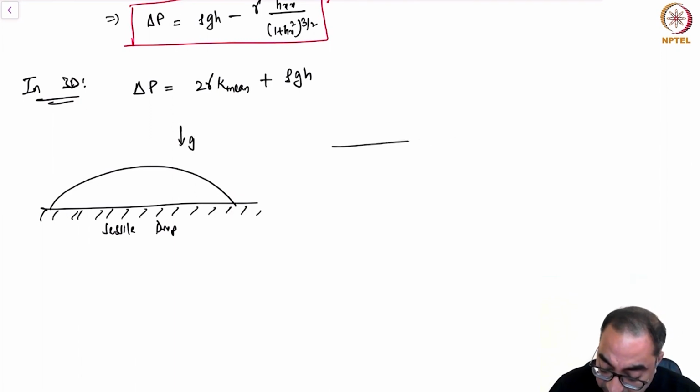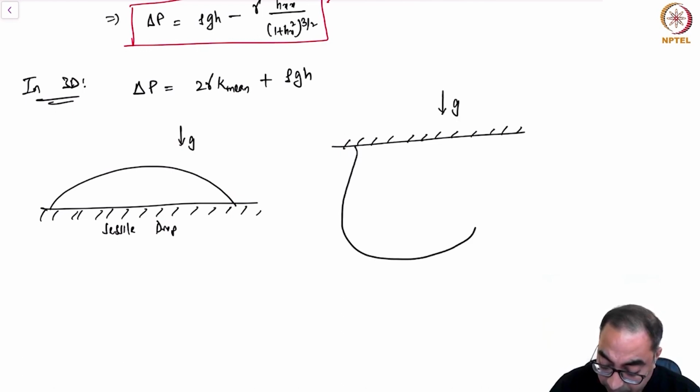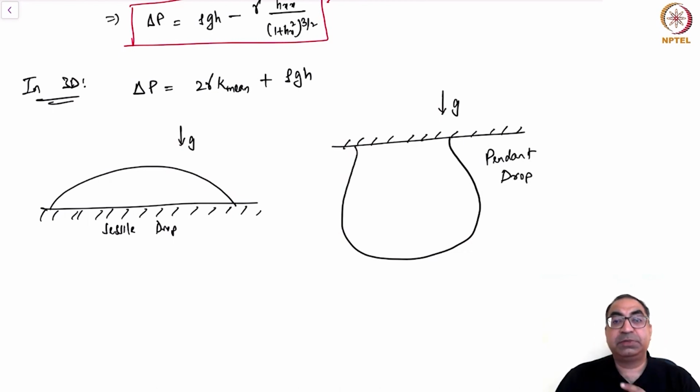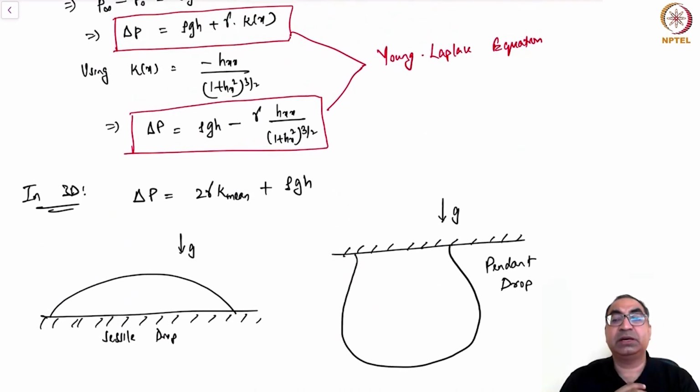You could also have a situation where I have gravity downwards, but then you could have a droplet hanging like this. This becomes a pendant drop. Now to find the shape of this pendant drop, I use exactly the same Young-Laplace equation. The only difference is that the value of gravity will have to change. We have to change the sign.